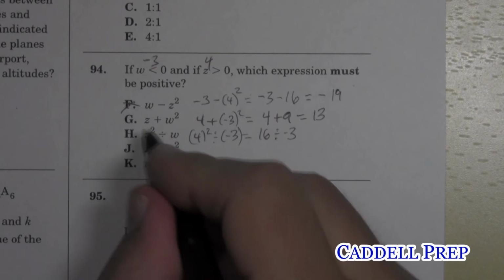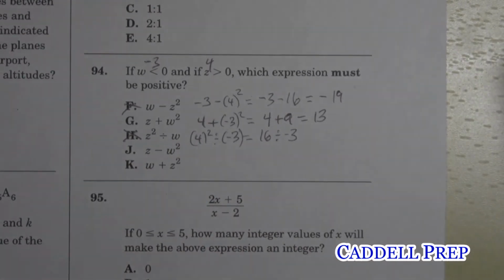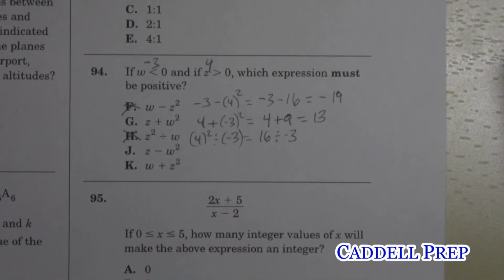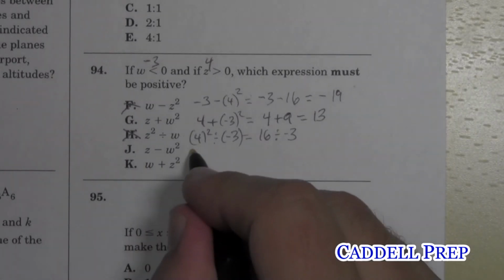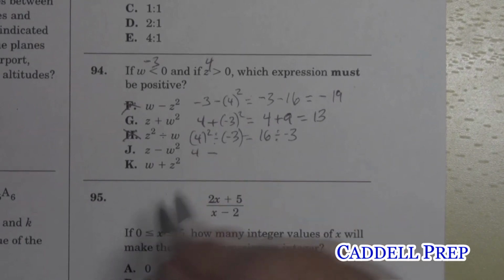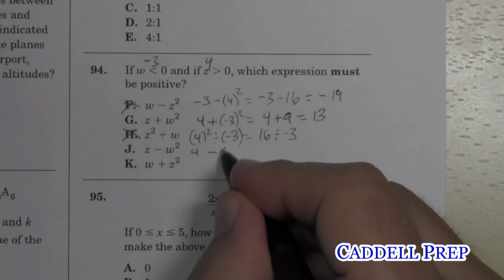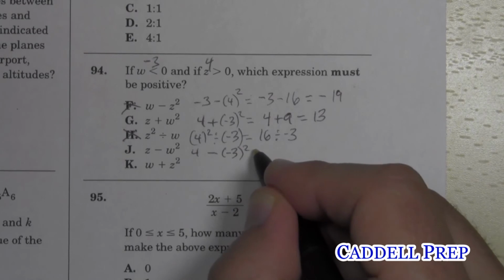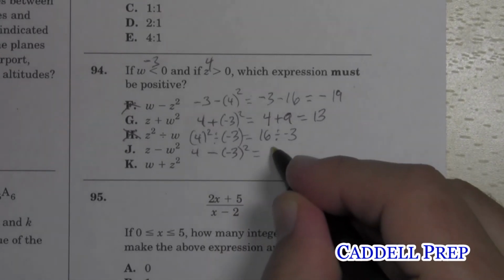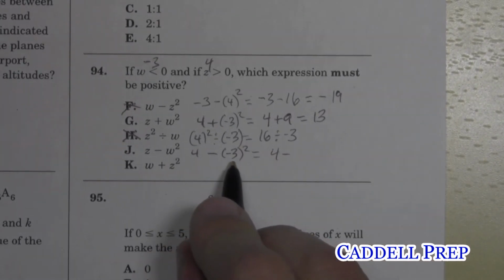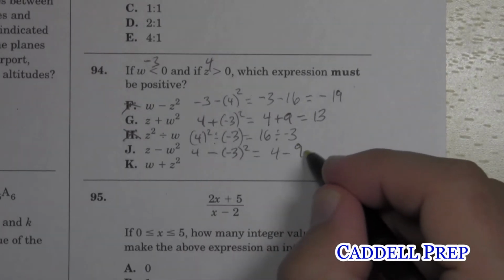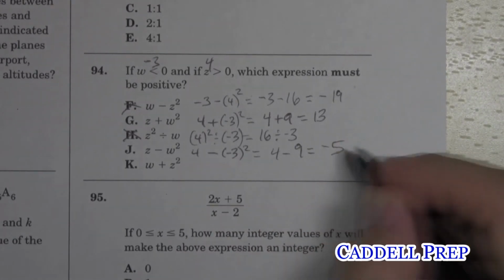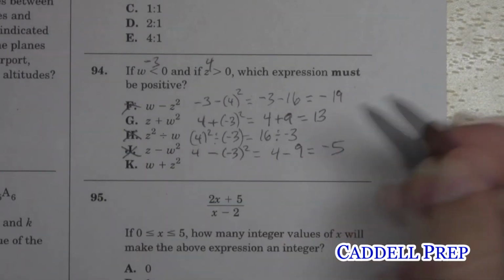And that's all we really care about. It's not positive, so H can't be the answer. Now J. Z, which is 4, minus w squared, so minus -3 squared. That would be 4 minus, and then -3 squared is positive 9, so 4 minus 9, that's -5. So J is not the answer.